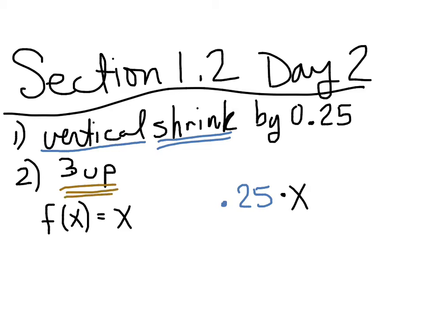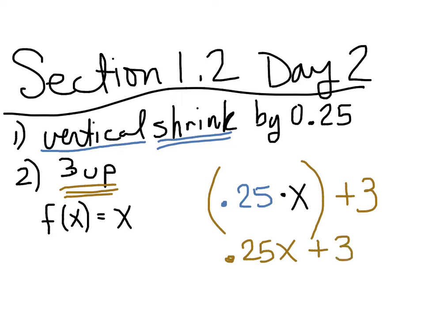And remember what we did with that is we put the entire thing in parentheses and we pushed it up 3. And then we try to simplify it from there. So we end up with 0.25x plus 3. That would be first a vertical shrink by 0.25 and then a shift up 3. Okay? And that is the answer.